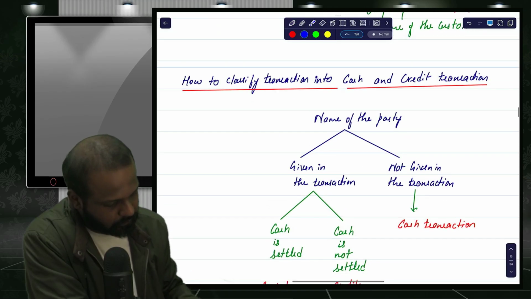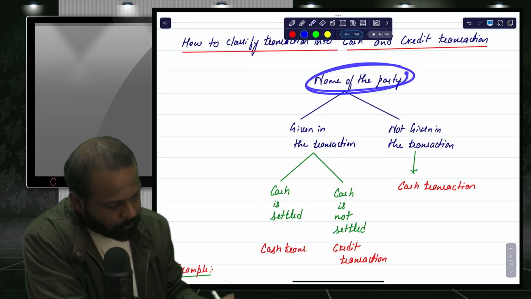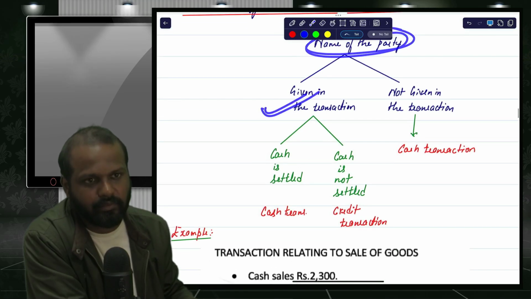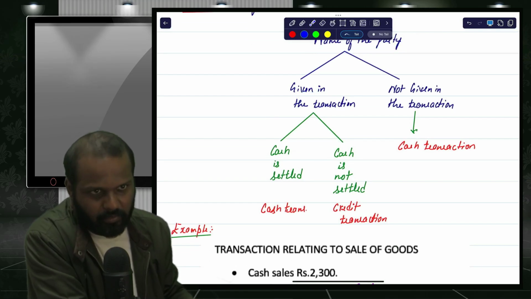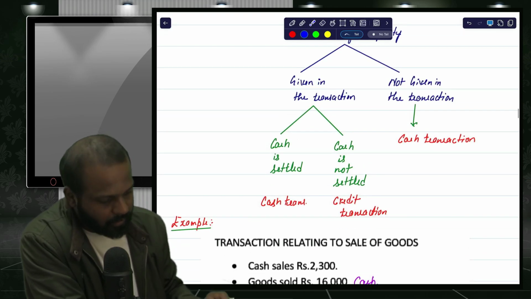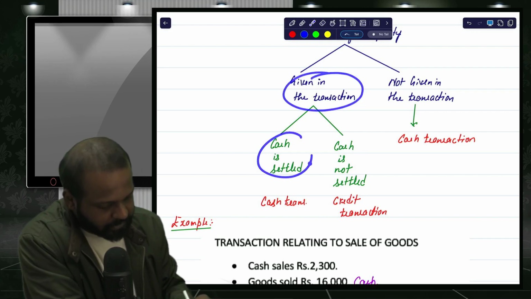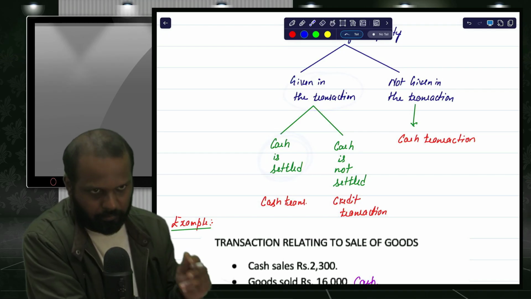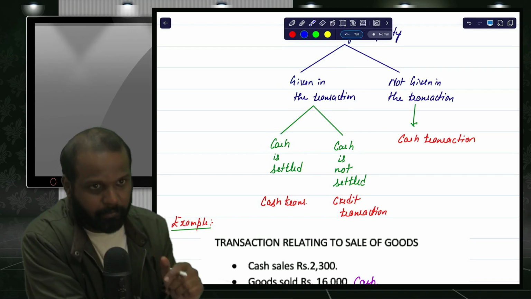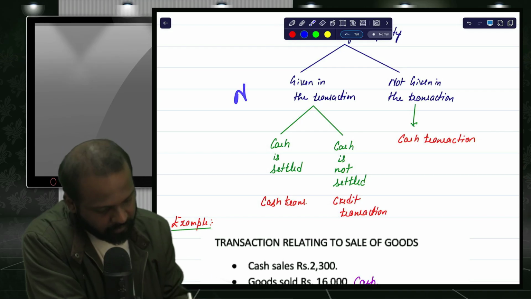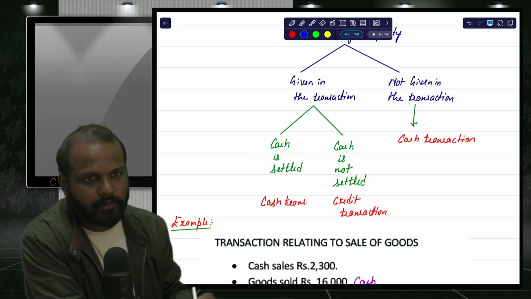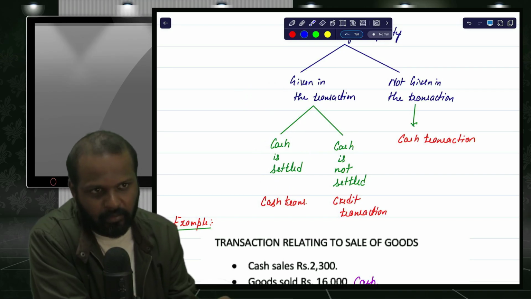Now next one. Suppose the name of the party is given in the transaction. Then you check whether, along with the name, it is mentioned that cash is being paid, cash is being received, or cash is being settled.